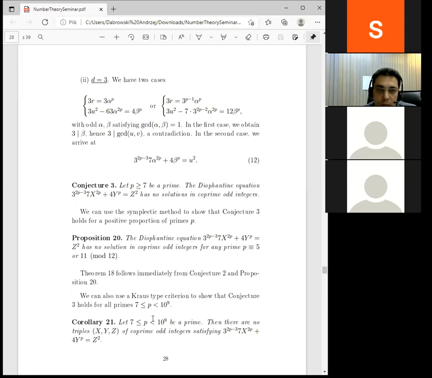And for prime exponents belonging to this interval, we can prove that there is no non-trivial solution at all, without any exceptions.